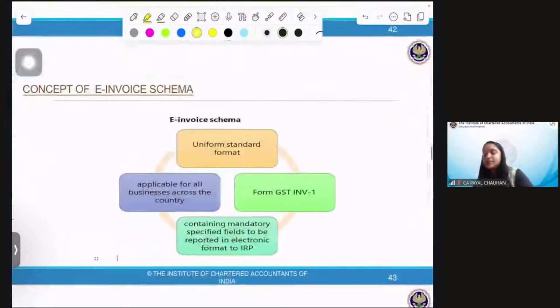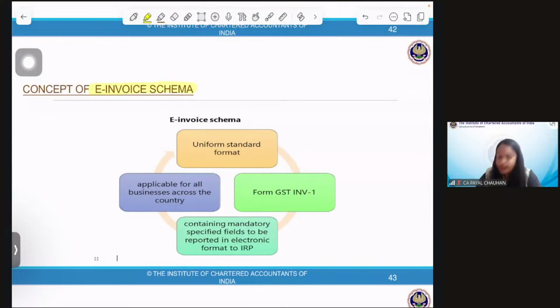Now, the concept of e-invoice schema. I'll ask you first and then we'll proceed. I want to upload certain information because I feel those are necessary, whereas Adil wants to upload some other information because he feels those are important, whereas Shamli wants to upload certain other information because she feels those are important.